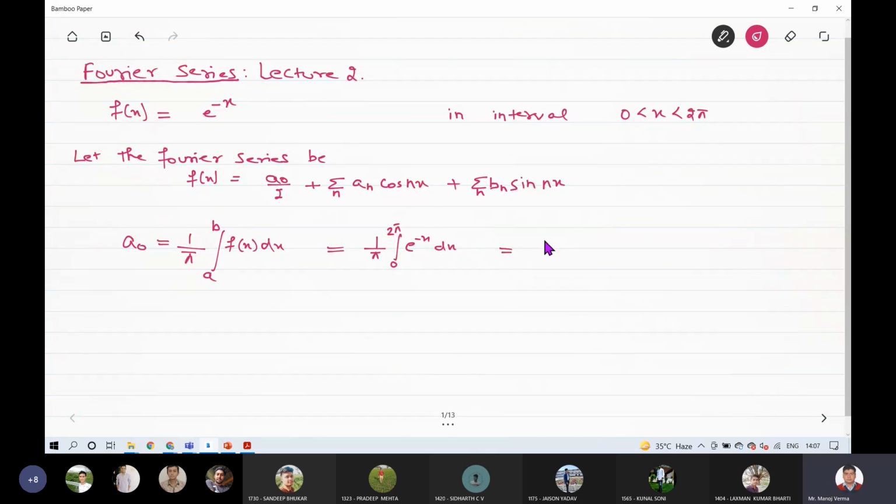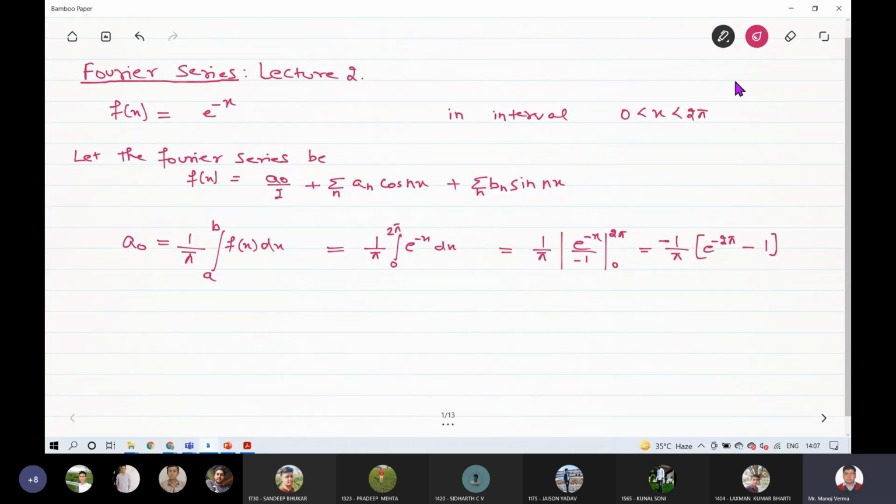Okay. So the integration of this function will be e raised to the power minus x divided by minus 1, and the limits will be 2 pi to 0. So if I insert the limits in this integral, it will be 1 over pi. Okay, I am taking the minus outside. Minus 1 over pi, e raised to the power minus 2 pi minus e raised to the power 0, that will be 1.